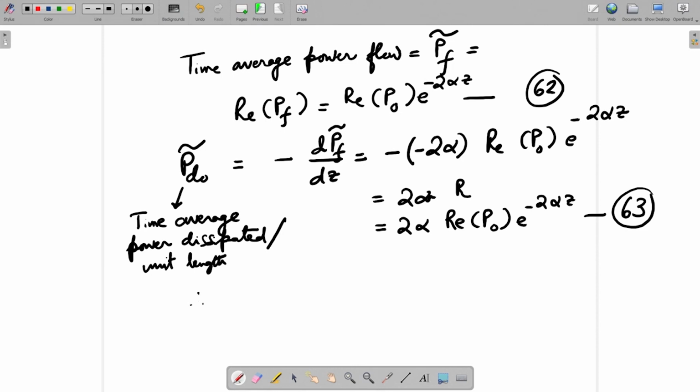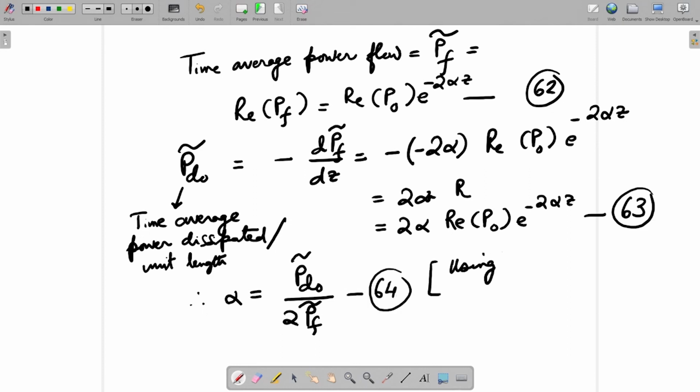Okay. So, therefore, the attenuation constant alpha can be written as P d tilde divided by twice P f tilde. That is using 62 and 63.